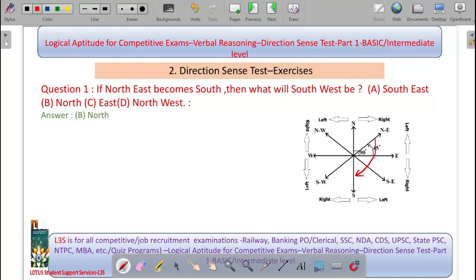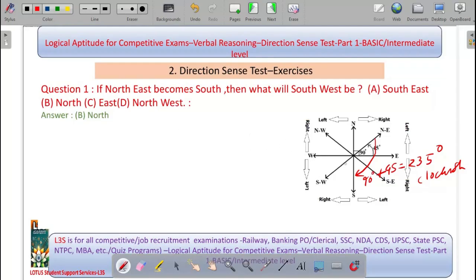South to east is 90 degrees, plus 45 degrees. So this will be 135 degrees clockwise when northeast becomes south. Now then what will southwest become?